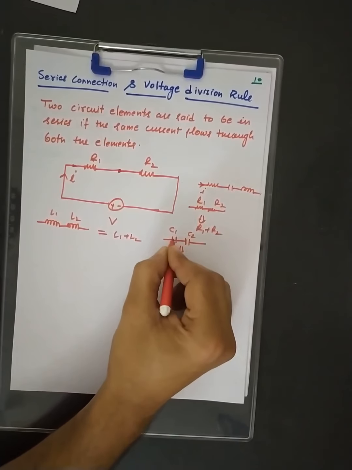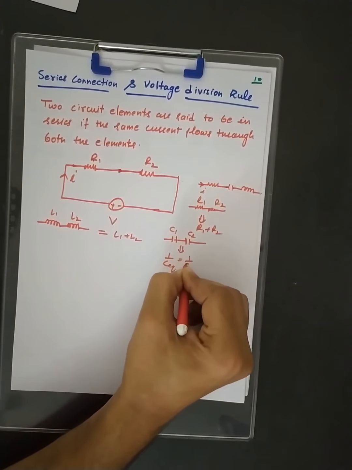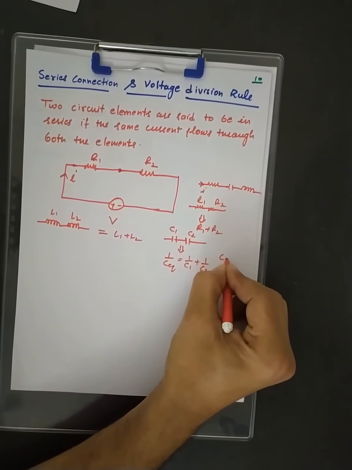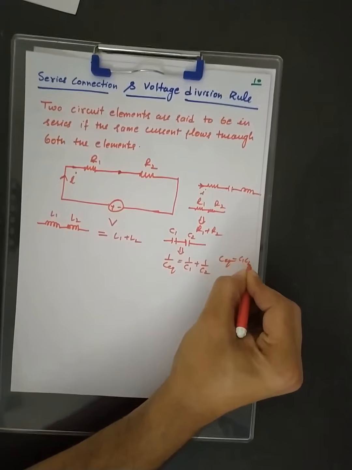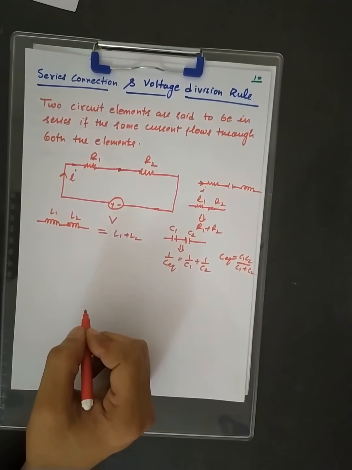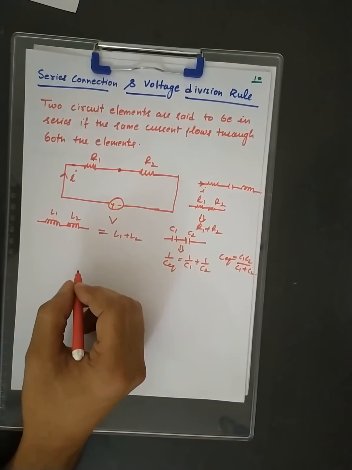For capacitor case, just reverse of these. So C equivalent is equal to 1 upon C1 plus 1 upon C2. Or directly you can write C equivalent is C1 C2 divided by C1 plus C2. I hope already you know about these components, so I'm not going in detail.